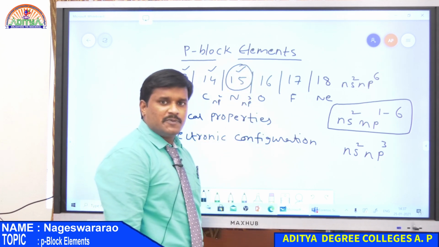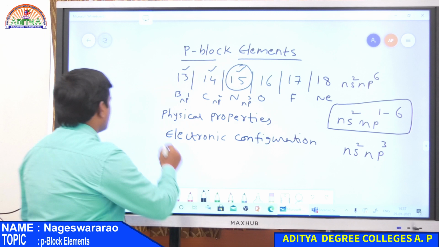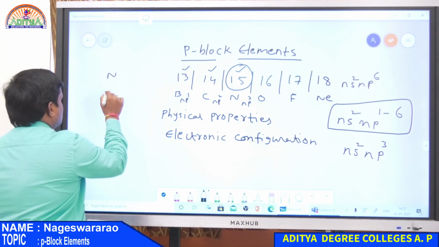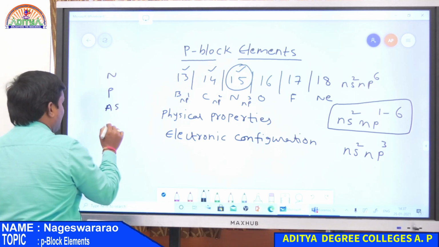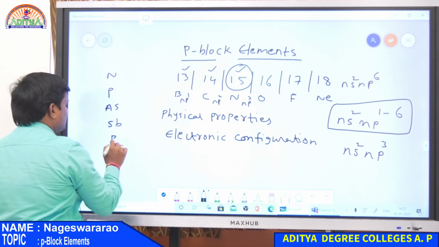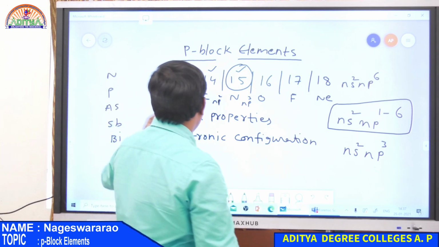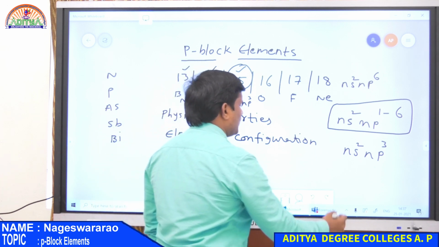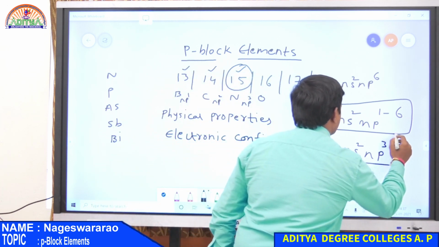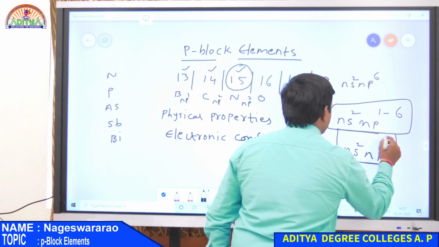So what are the elements present in nitrogen family? Nitrogen, phosphorus, arsenic, antimony and bismuth. All these are elements of nitrogen family, all having the same electronic configuration ns2np3.